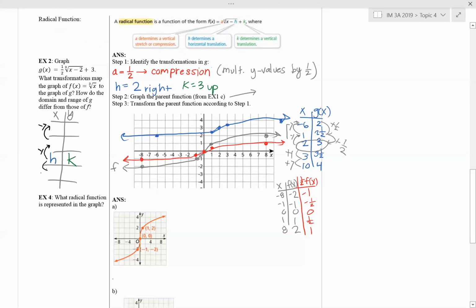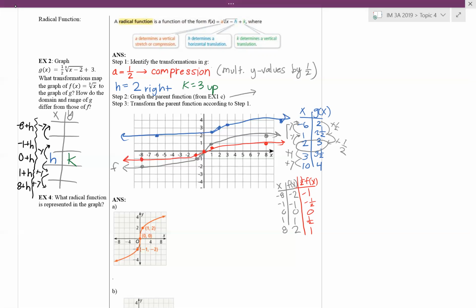And then to go down, I'm going to add 1, add 7. Or I can think about this number as -8 plus h, as -1 plus h, as 0 plus h, as 1 plus h, as 8 plus h. Okay, so I'm looking at the perfect cubes that we talked about from -2 to +2 cubed to get those x values. So you have these two different options to figure out those values.